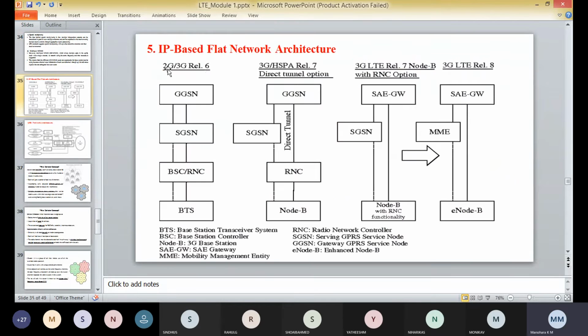Next we are having IP based flat network architecture. This is a very important topic. Definitely this question will come in the external exam. So what is IP? IP is a set of requirements for addressing and routing data on the internet.